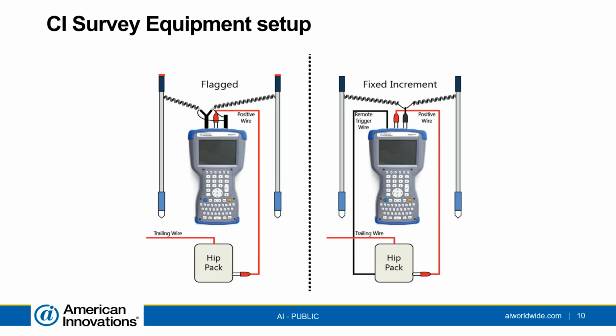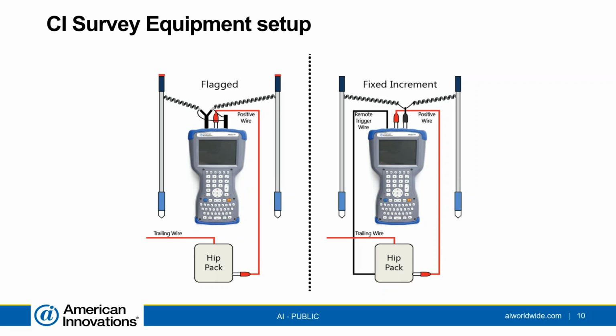All right, so setting up the Allegro, like I said, there's two different modes here that we are going to be using. There's a flag mode and there's a fixed increment mode. Flag mode, you're going to be using the buttons on the data probes to record your readings. So every time you hit the button, that's when it's going to record the reading.